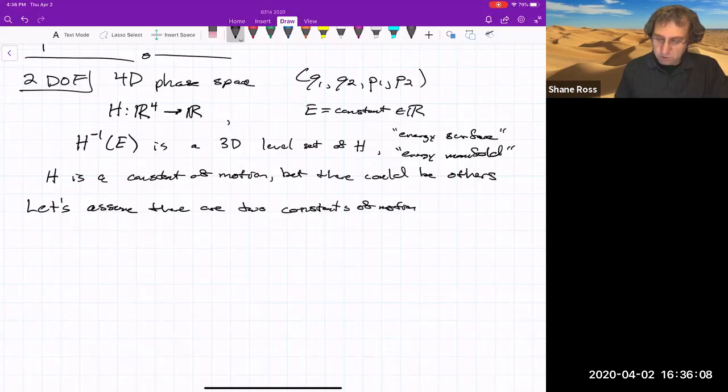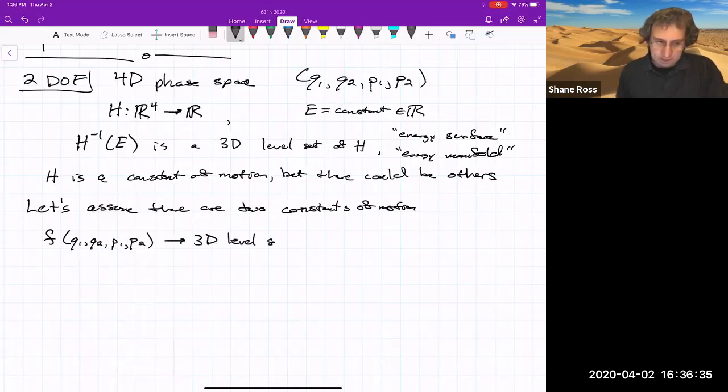By constants of motion, I mean functions which remain constant along trajectories. So I'll write one of them as f. It's a function of the phase space, Q1, Q2, P1, P2. The level sets of f would be 3D level sets. And let's say there's some other function g.